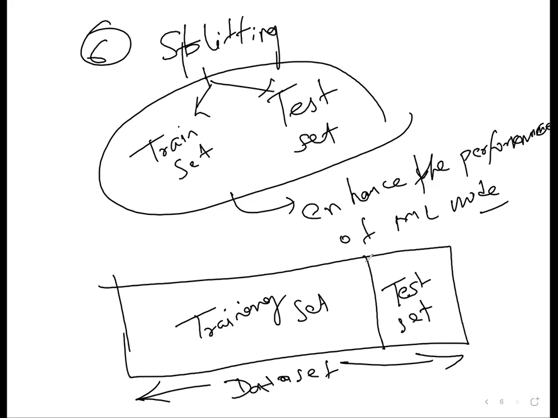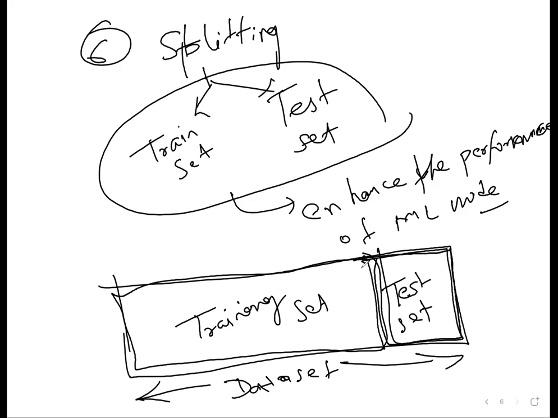First we use the train set to train our model, then we use the test set to check whether our model is performing well or not. Without this we can't say that our model is working really well.